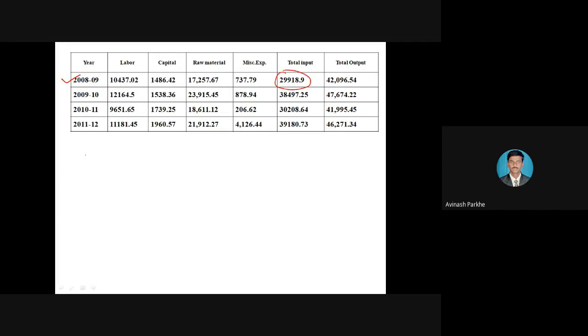If I have to calculate the percentage share of labor for 2008 to 9, percentage share of labor is equal to total input divided by labor input.